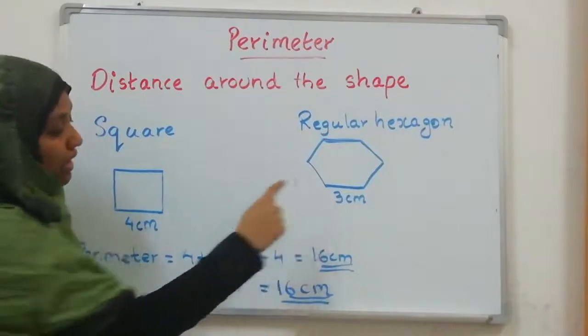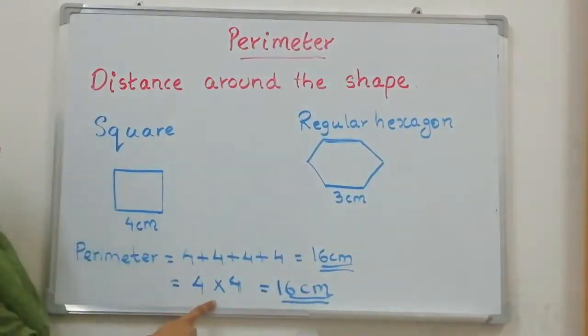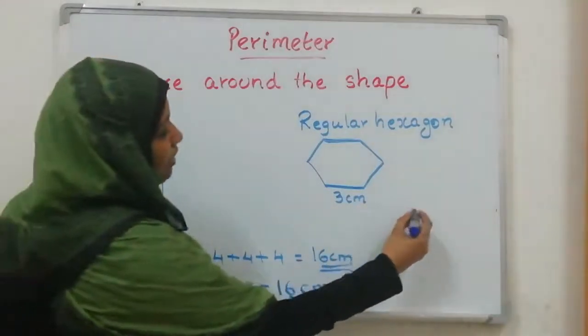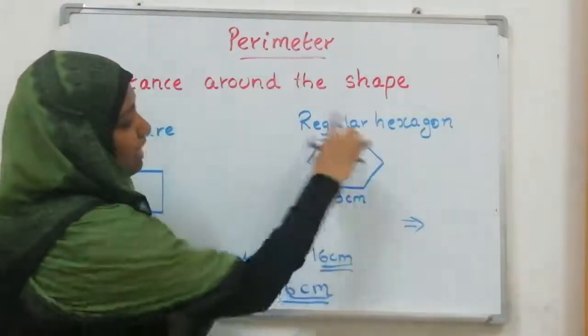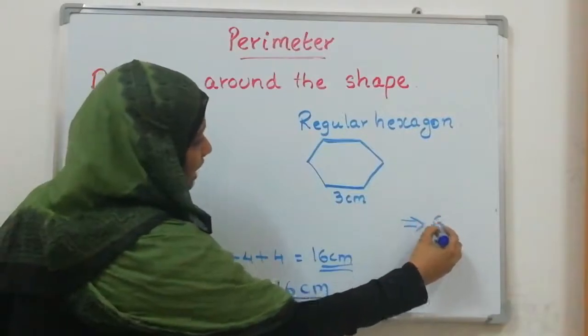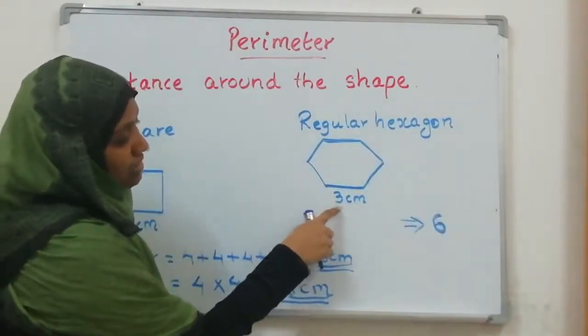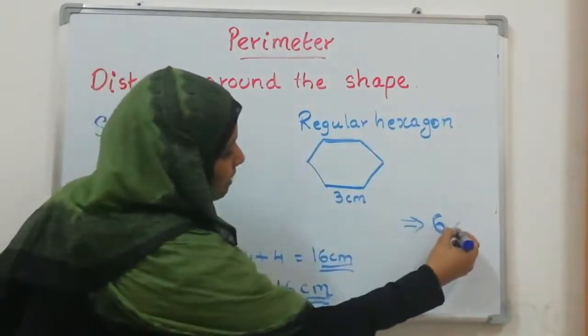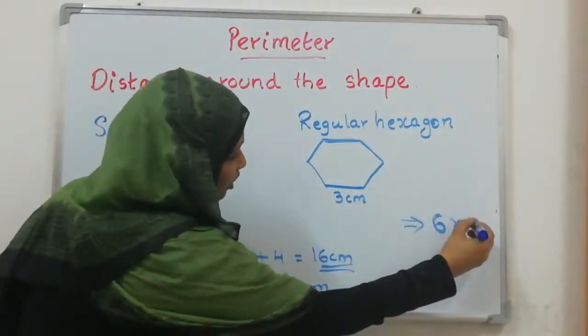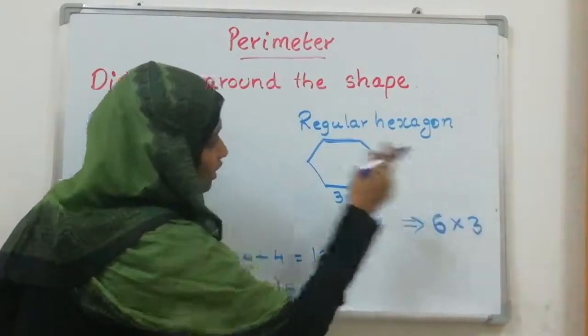Or you can do it the other way I mentioned. If the sides are equal, you can take the number of sides, which here is 6, and the length of one side, which is 3 centimeter. You just multiply the number of sides by the length of one side.